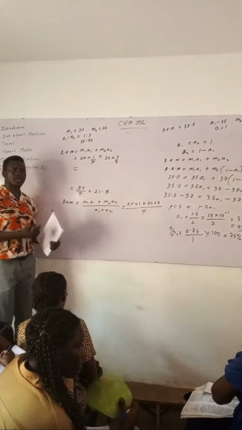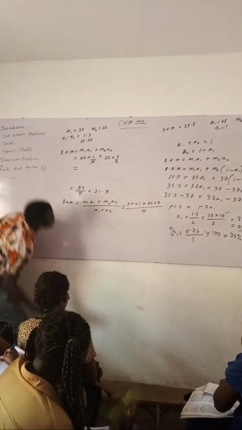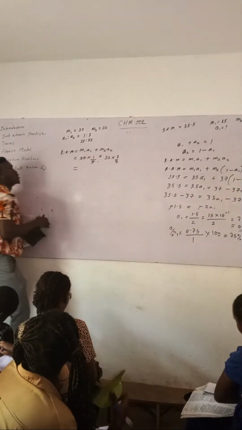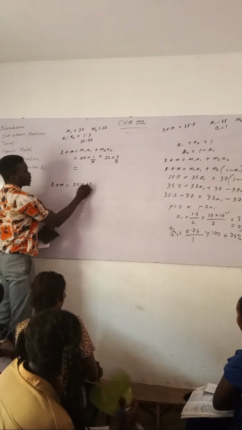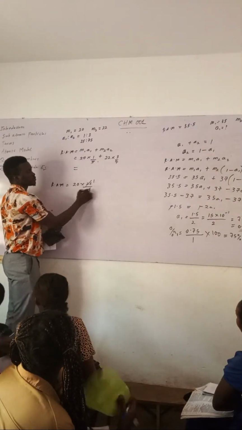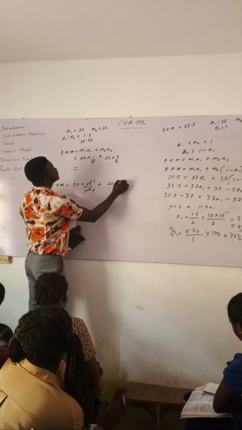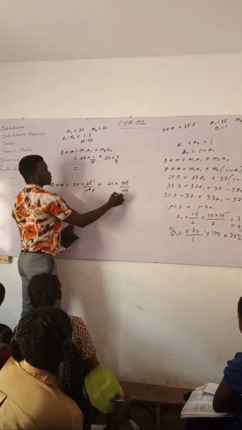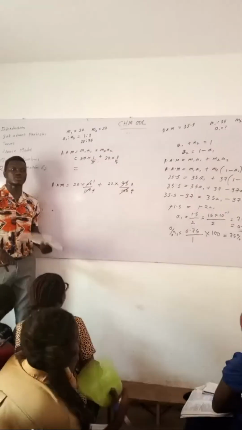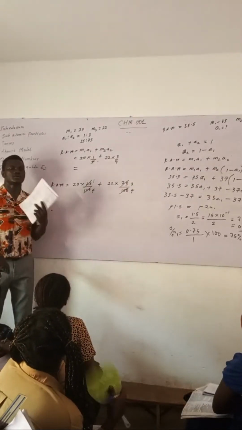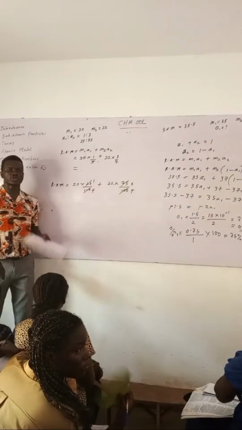So RAM equals 20 times 25 over 100, plus 22 times 75 over 100. It should be the same answer.